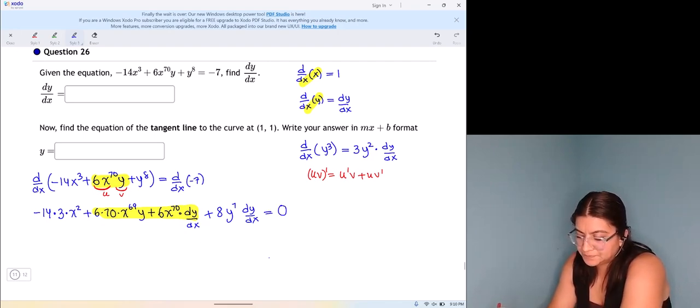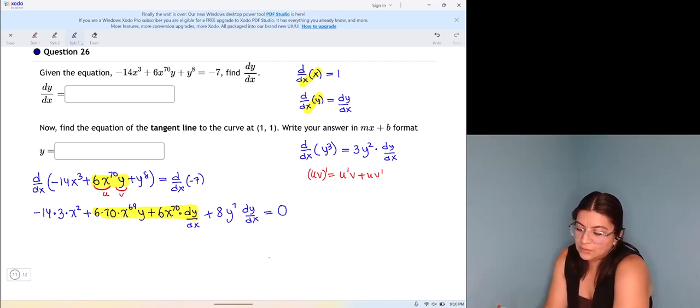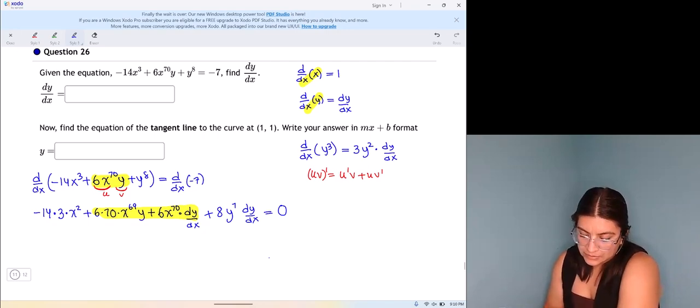The next step is to leave everything with dy dx on the left side and everything else goes to the right. So 6x to the 70 dy dx plus 8y to the 7 dy dx stay on the left side.